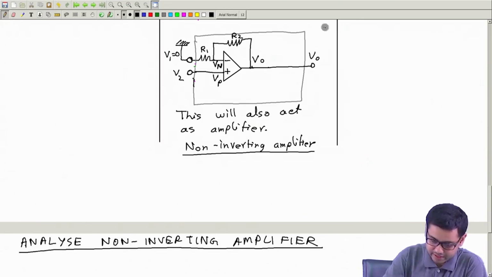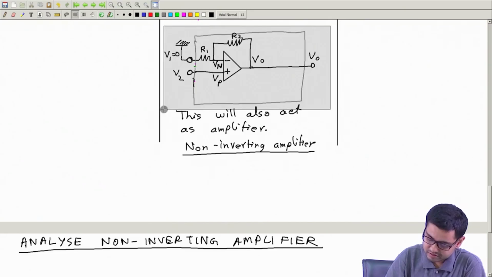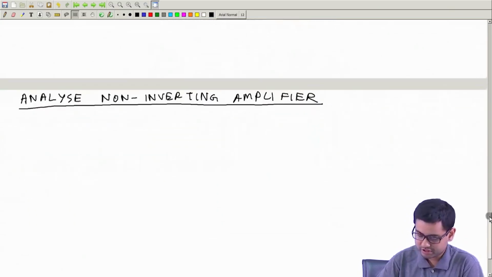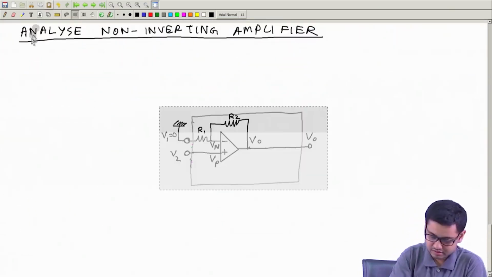So before that, let me just copy this circuit. So this is non-inverting amplifier.